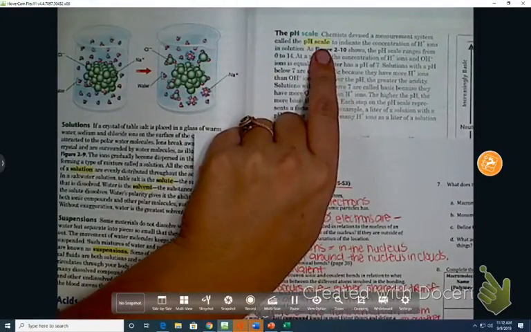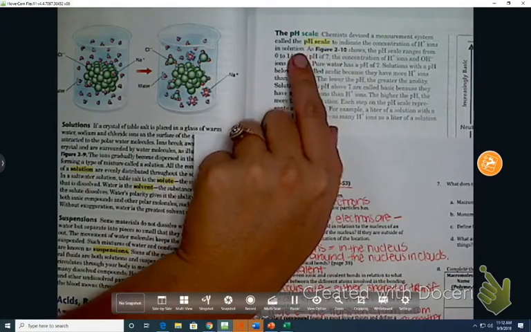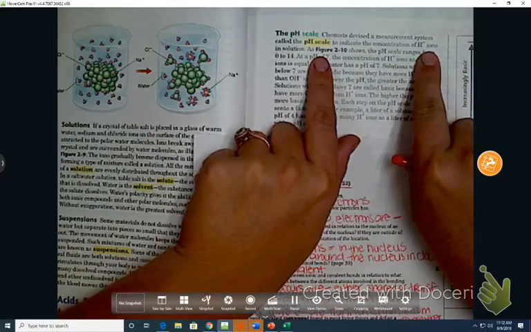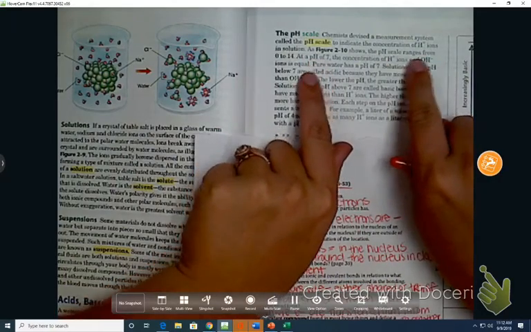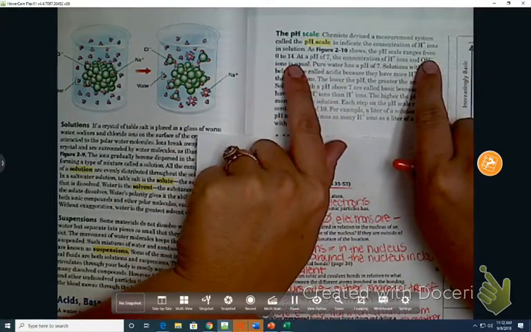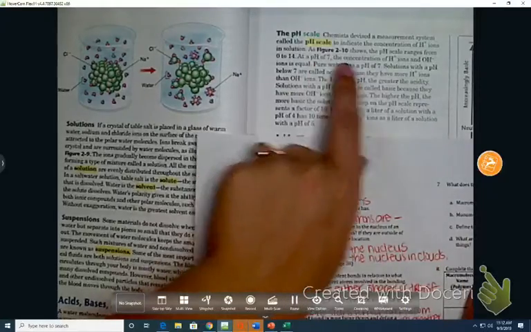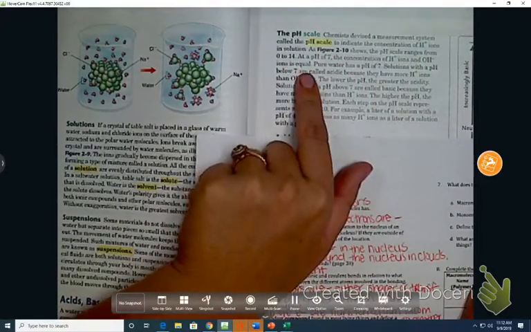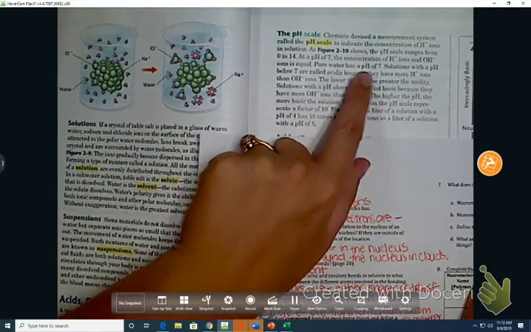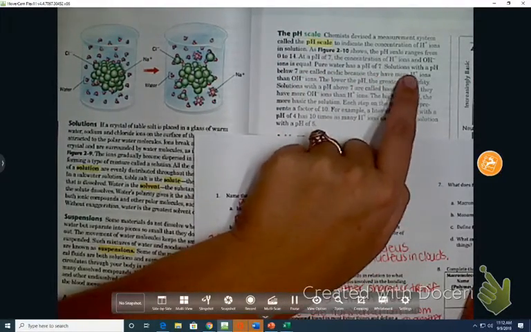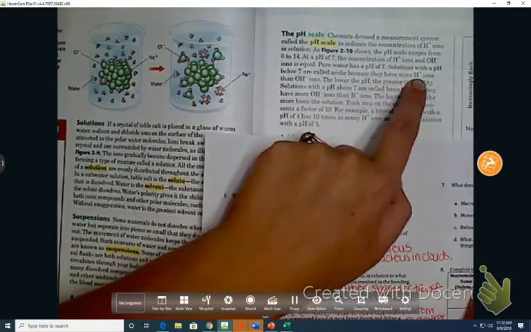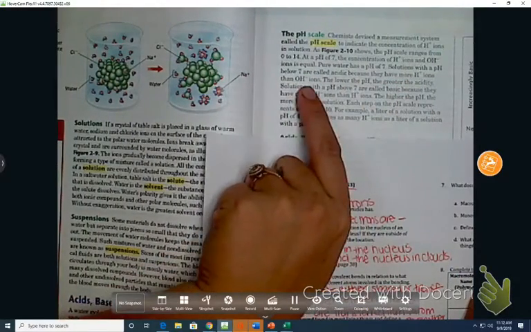It says, chemists devised a measurement system called the pH scale to indicate the concentration of hydrogen ions in a solution. The pH scale ranges from 0 to 14. At a pH of 7, the concentrations of H plus ions and OH ions is equal. Pure water has a pH of 7, and solutions with a pH below 7 are called acidic because they have more hydrogen ions than hydroxide ions.